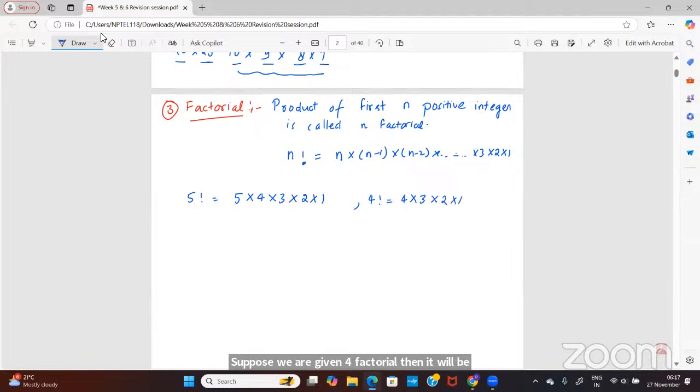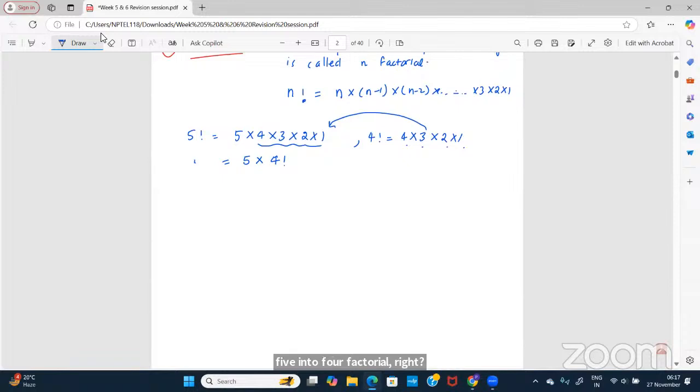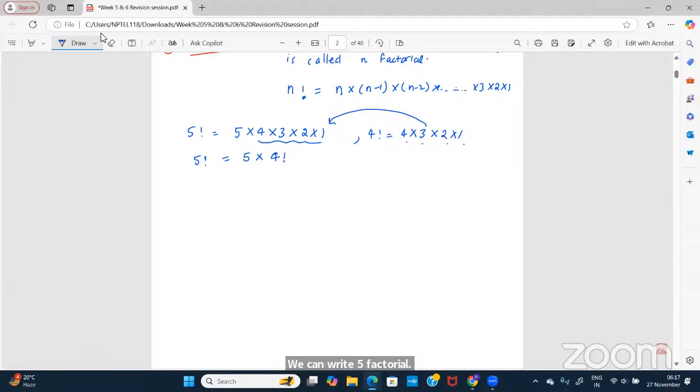So you can see that it is the same, and we can write 5 factorial as 5 into 4 factorial. Is it correct? Yes, ma'am.